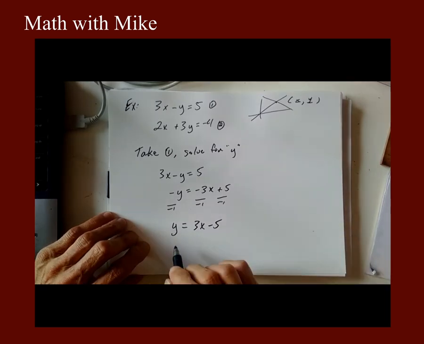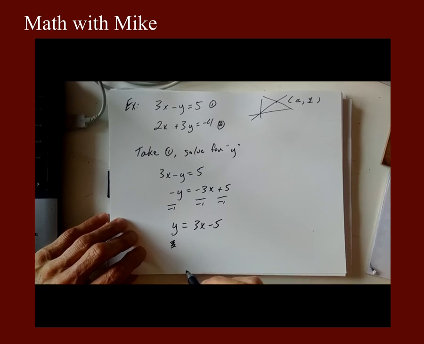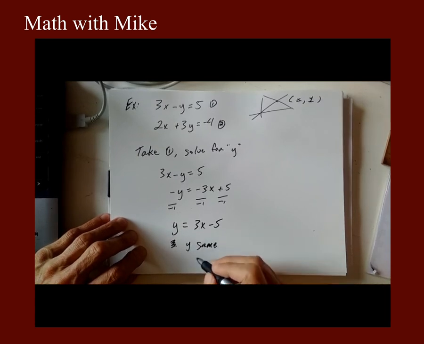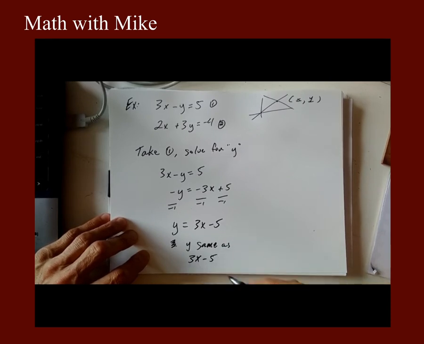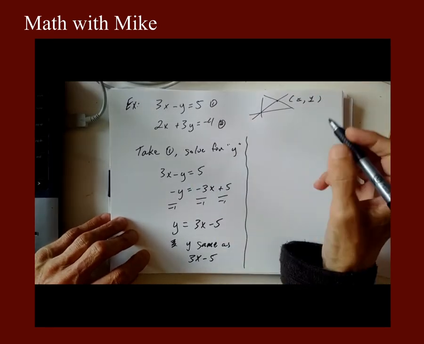And so now we have an expression that is in terms of one of the variables. We know that y is the same thing as 3x minus 5. And we're going to use this fact to solve this system.